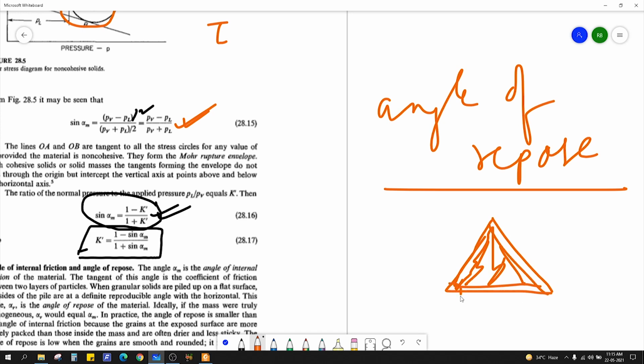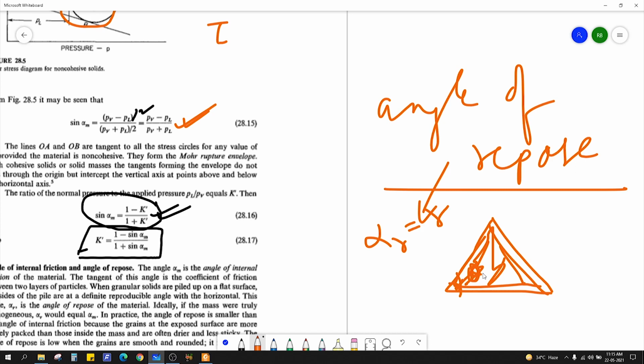Alpha m was the angle of internal friction, and here it is denoted as alpha r. That's the angle of repose.